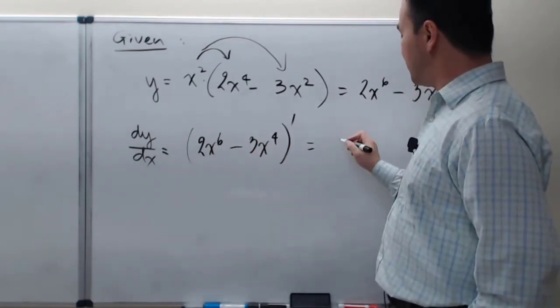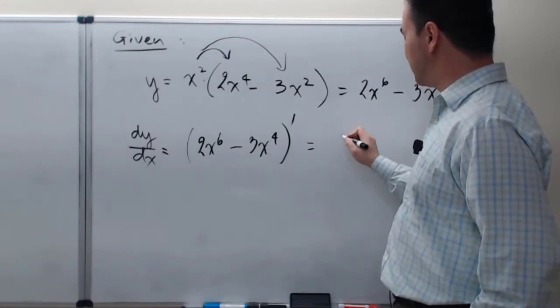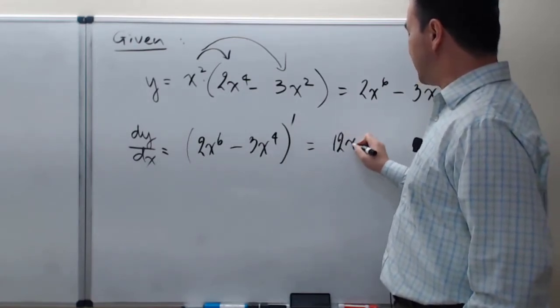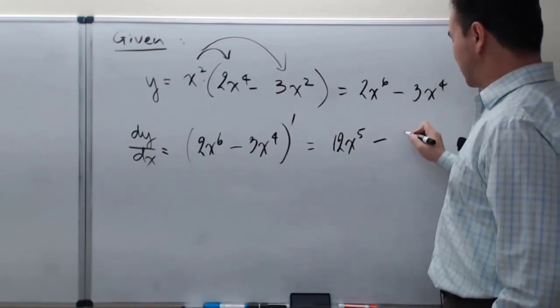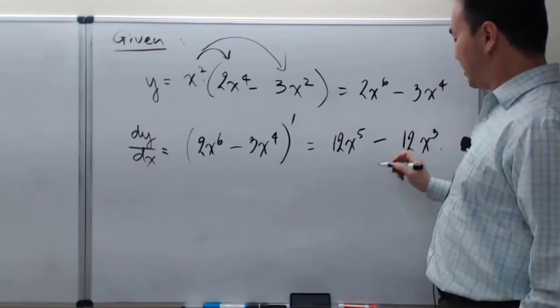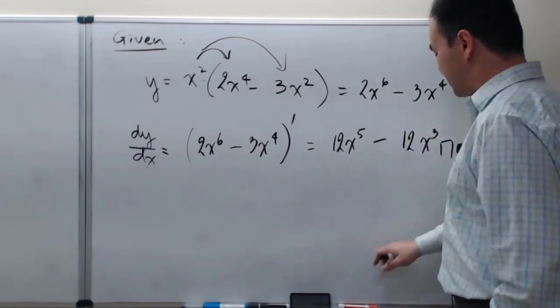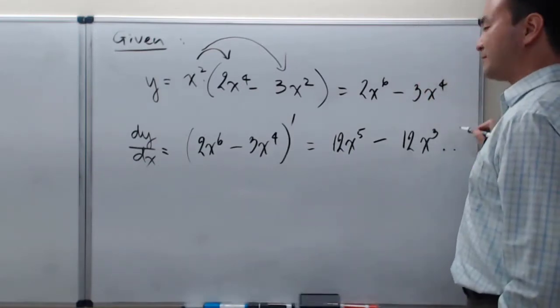The first term becomes 12x to the fifth and minus 12x to the third power. And there we go, we have the answer. That's the end of our little problem.